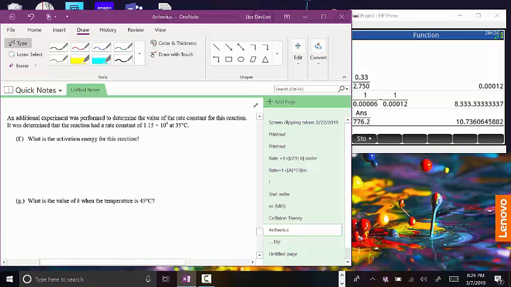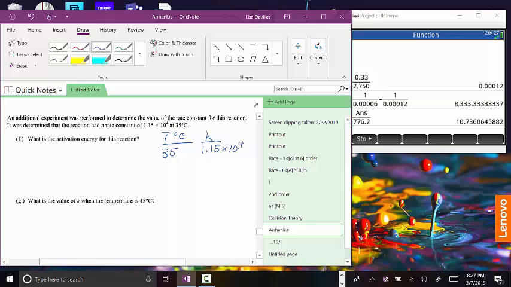Okay. All right. So now let's continue. Okay. So now we are getting into Arrhenius territory again because now we're given a rate constant and a temperature. So let's make our own little data table here. Temperature in Celsius and a rate constant. So this one it says at 35 degrees Celsius I have 1.15 times 10 to the fourth.